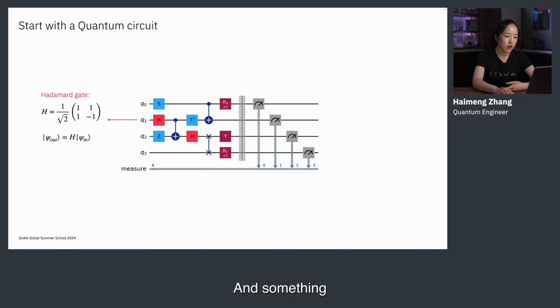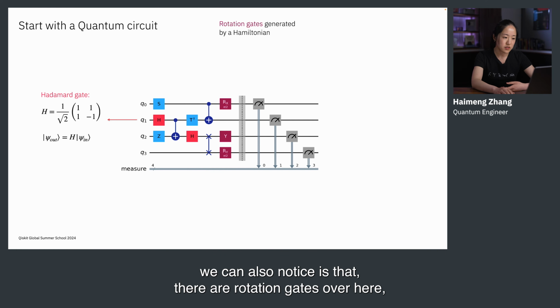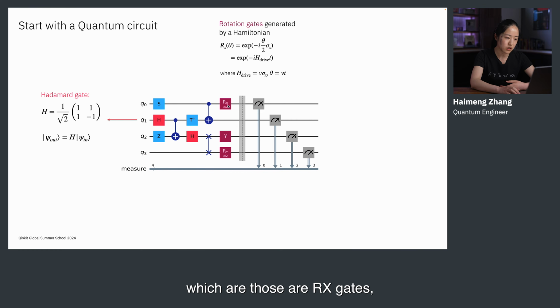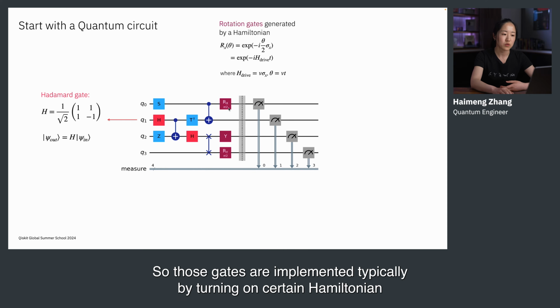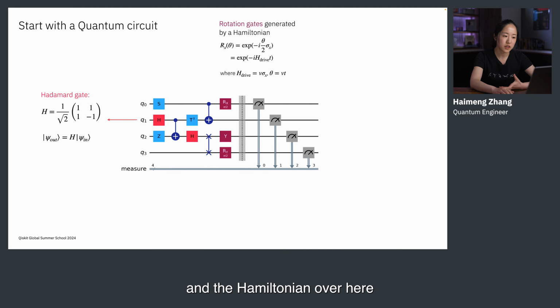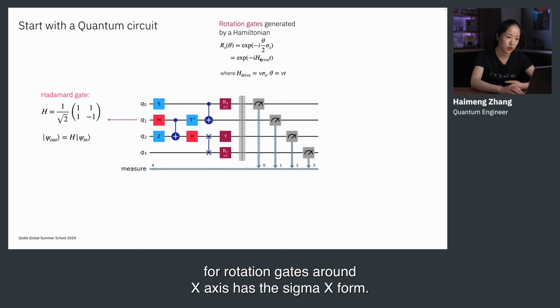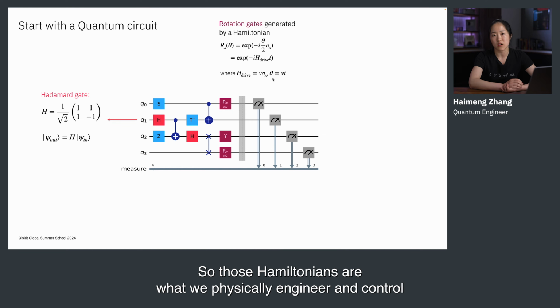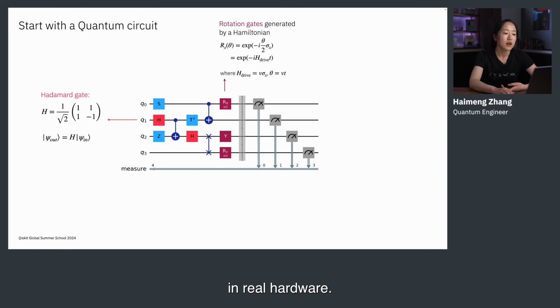We can also notice that there are rotation gates over here, which are those Rx gates over some angle. Those gates are typically implemented by turning on a certain Hamiltonian. The Hamiltonian for rotation gates around the x-axis has the sigma x form. Those Hamiltonians are what we physically engineer and control in real hardware.